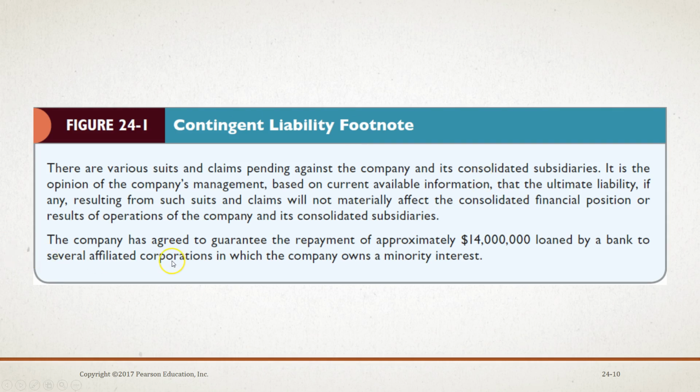The company has agreed to guarantee the repayment of approximately $14 million loaned by a bank to several affiliated corporations in which the company owns a minority interest. This is telling the reader, hey, listen, I don't know if it's going to come true, but there's a chance I may have to pay $14 million for my subsidiary companies that I own a minority interest.